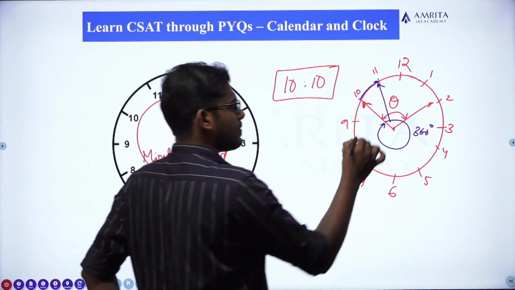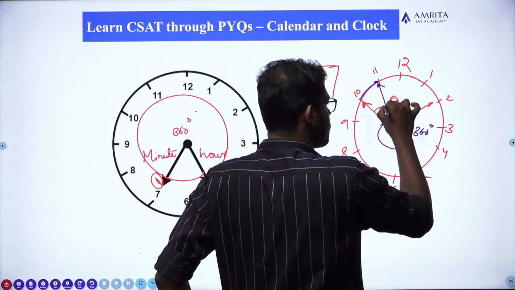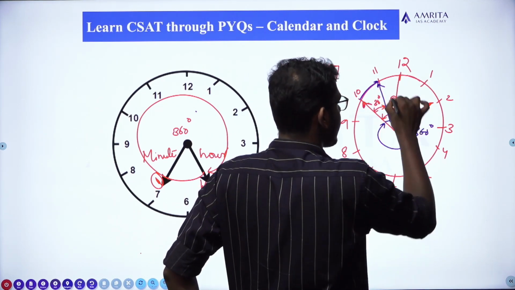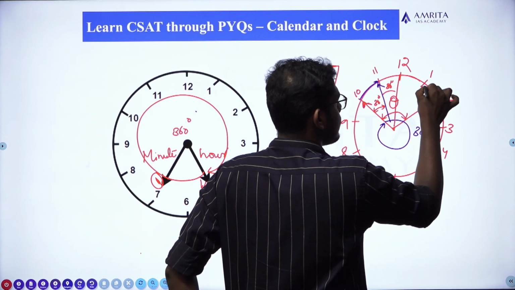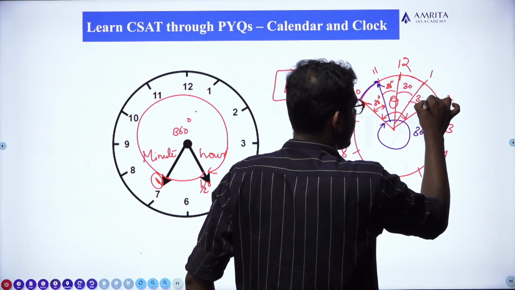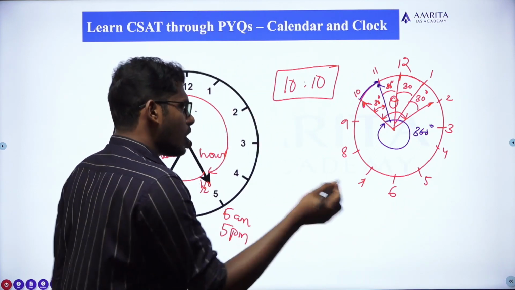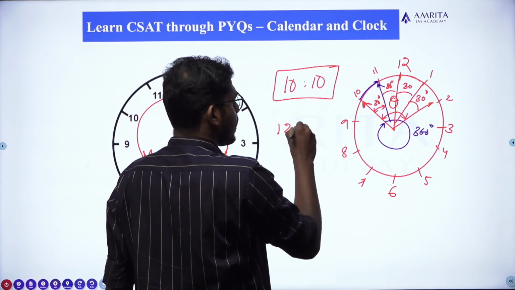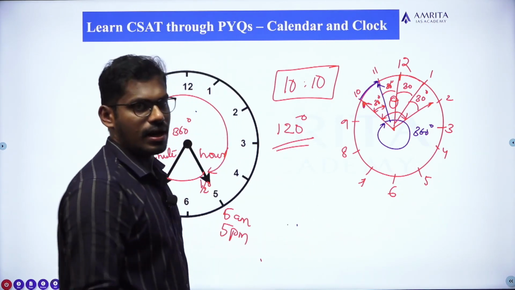In order to find that, we have already said that this particular angle makes 30 degree, this particular angle makes another 30 degree, this one another 30 degree, and this one another 30 degree. So totally there will be 30 plus 30 plus 30 plus 30, that is 120 degree.